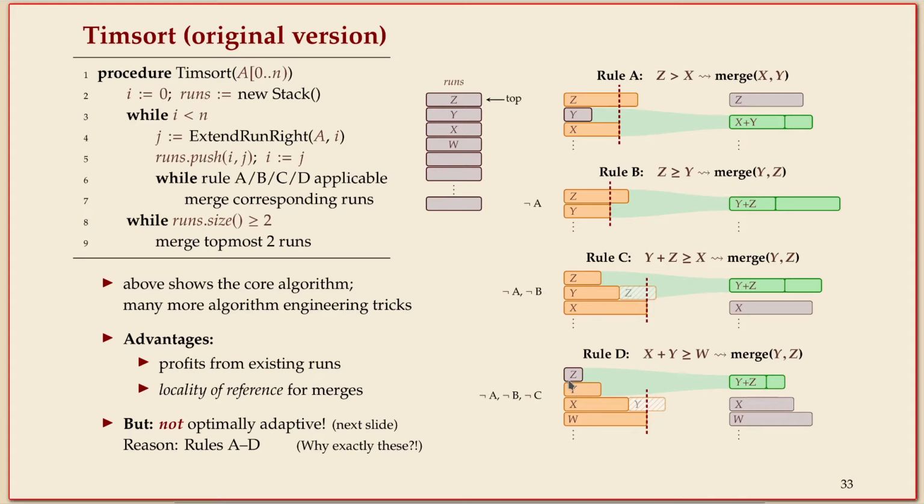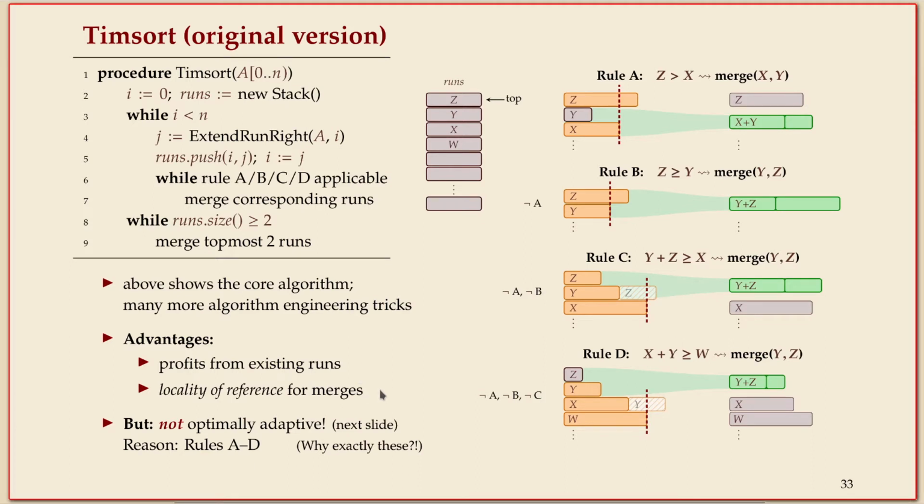What they intuitively try to achieve is that the runs on the stack are exponentially decreasing in length. The topmost should be the smallest, and then they always grow by a constant factor, roughly. But that alone is not quite good enough. People like this for various reasons, but one of the reasons why it's good, first of all, it picks up existing runs as the other methods.